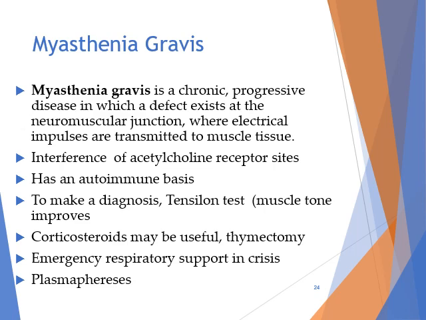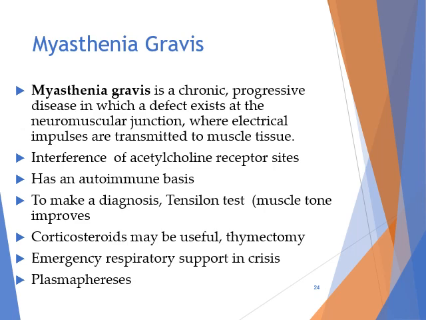To make a diagnosis, they do a tensilon test. If you want to read about that, I believe that's on page 391 under medical diagnosis. This is how they diagnose myasthenia gravis: they give the tensilon, and it increases the acetylcholine at the receptor sites, and they get better during this test. So the muscle tone improves.